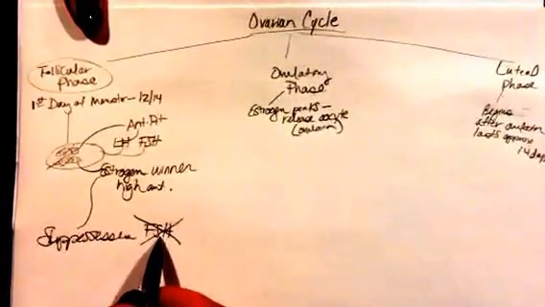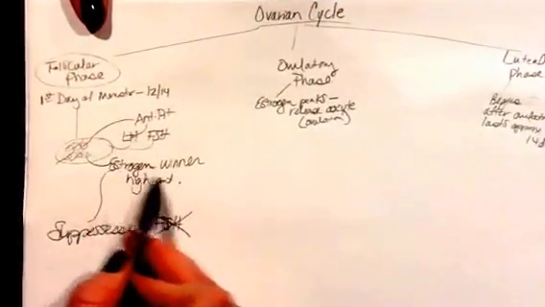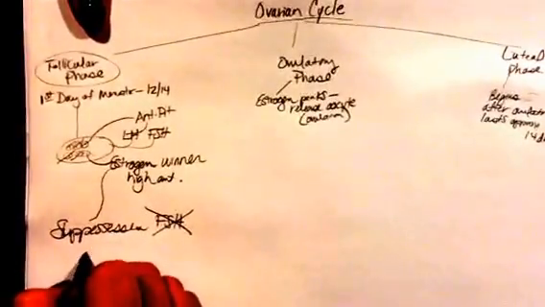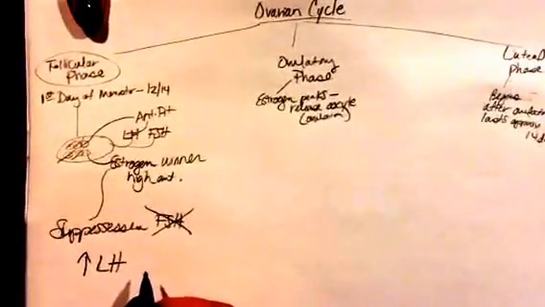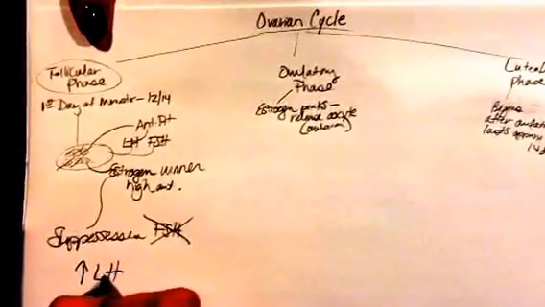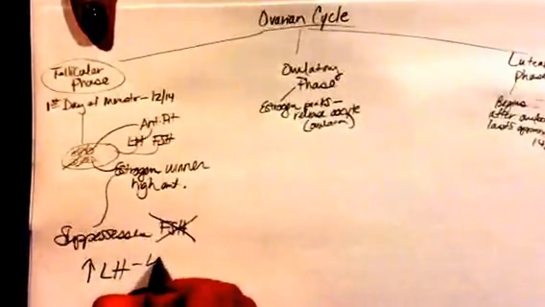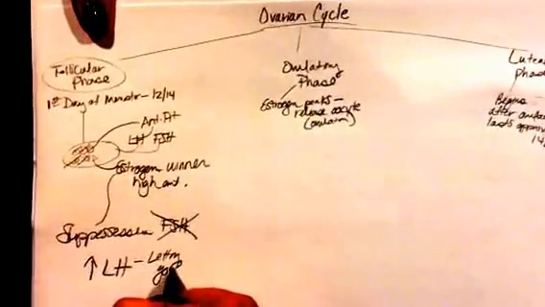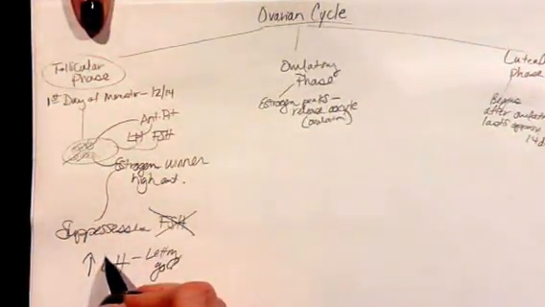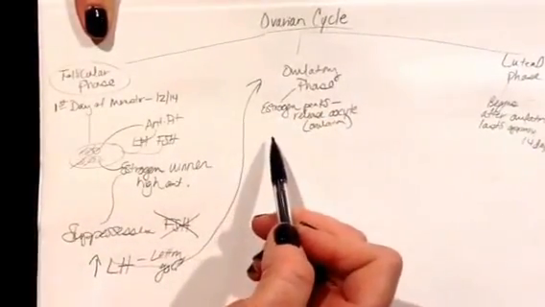We need to actually move to the next phase of prepping for ovulation. So with this high amount of estrogen being produced, it suppresses FSH and it actually increases our LH, which is our luteinizing hormone. Remember, our luteinizing is our letting go, right? This then causes us to enter into the ovulatory phase.